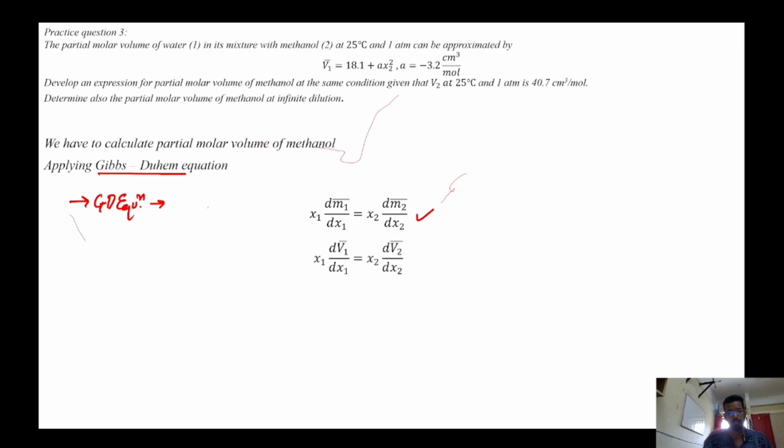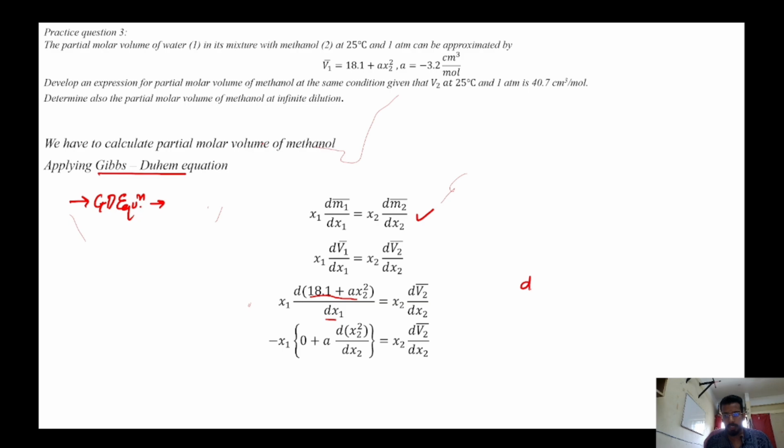Now putting the value of V1 here, which is given, I just put the value of V1 here. And now differentiating it. After differentiating this equation, very first I converted this. We know that the summation of mole fraction is always, sorry, not 0, 1.